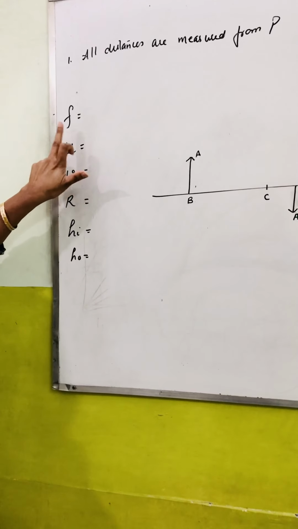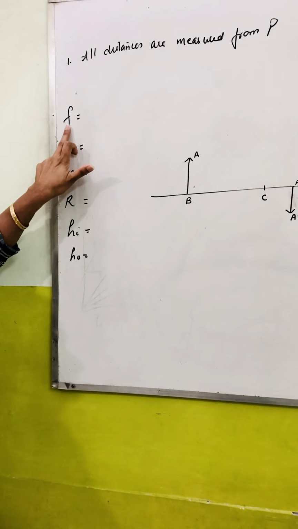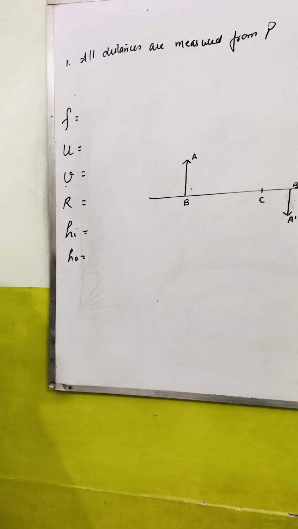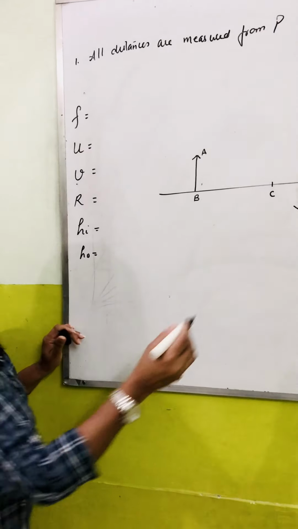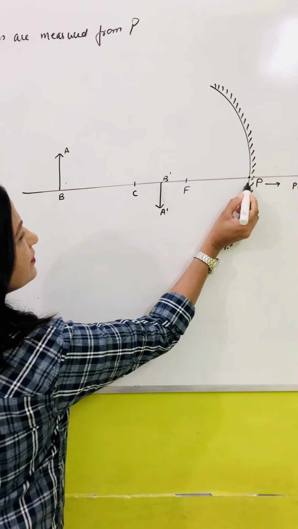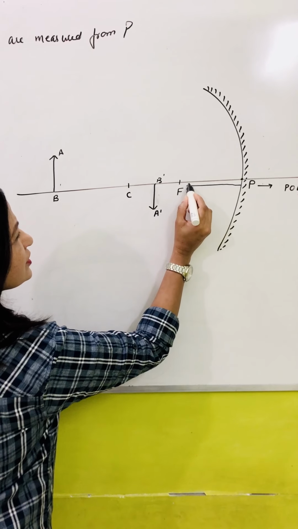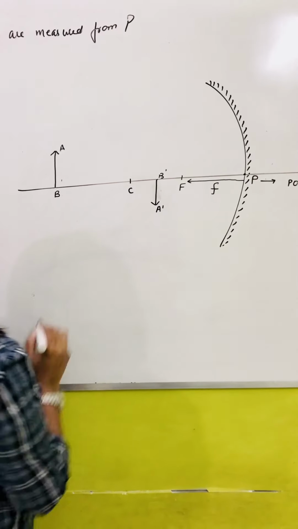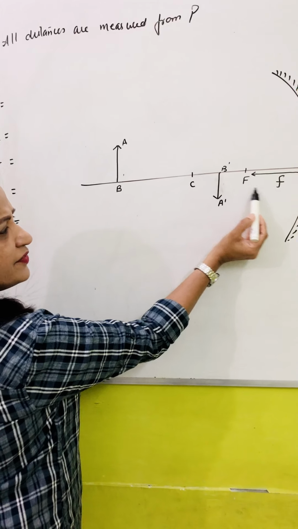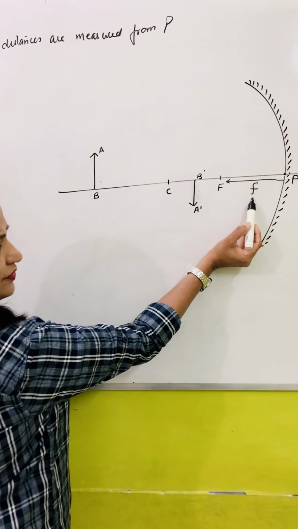So let us see, what does this small f stand for? The small f stands for focal length. Focal length is the distance between pole and the focus. This is focal length. Focus is denoted by capital F and focal length by small f.